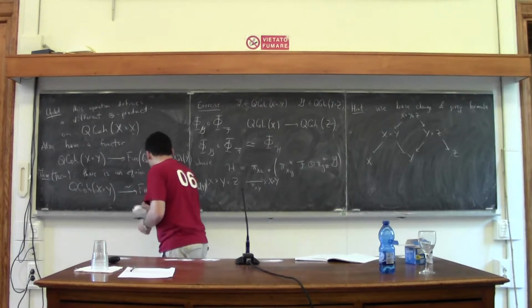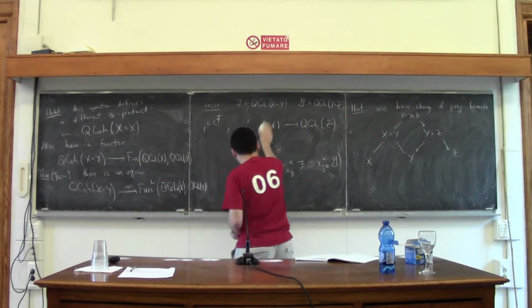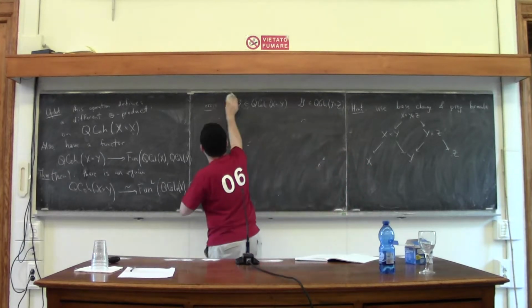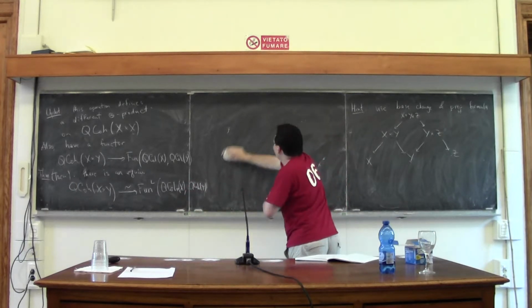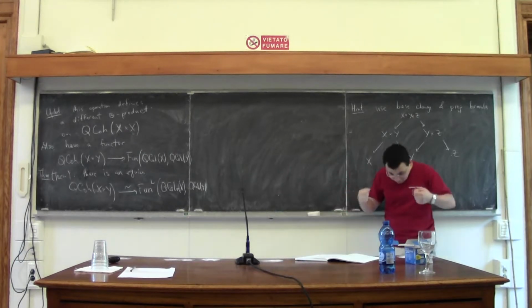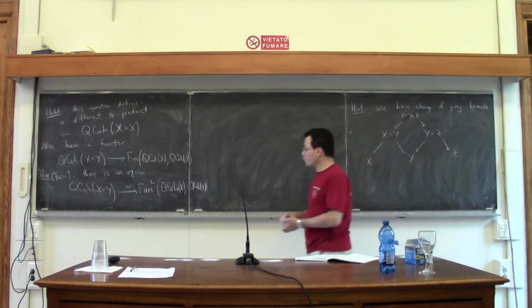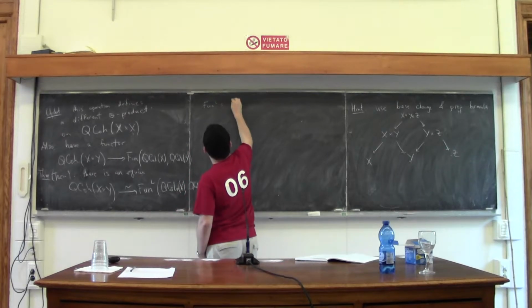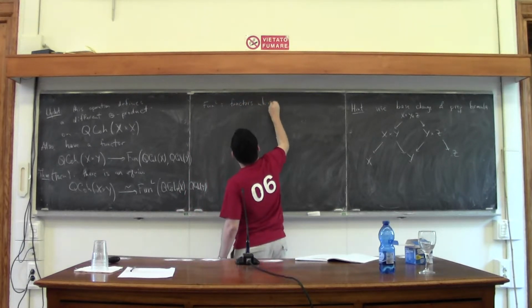So what is this Fun L? It's just those functors which preserve colimits. So it's like an infinitary version of an exact functor.